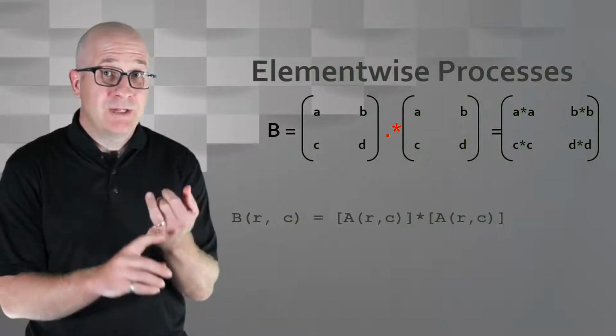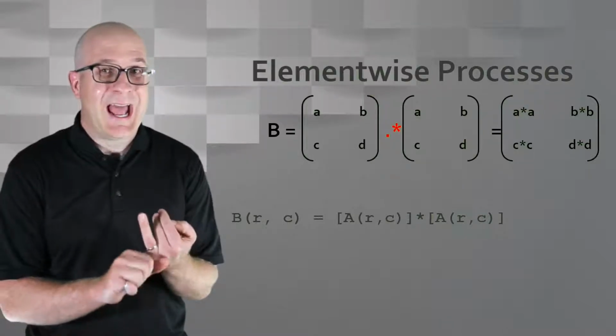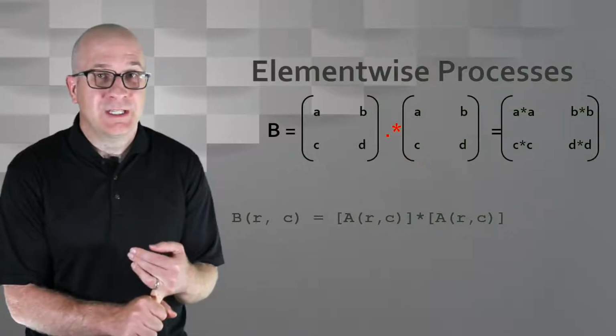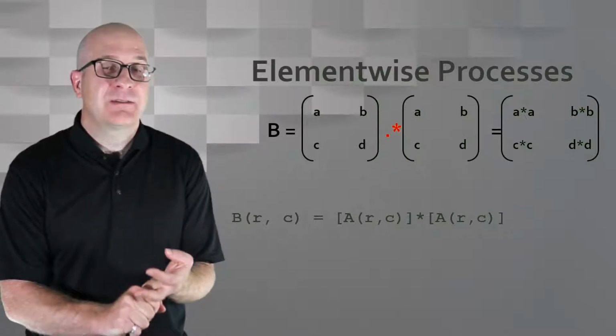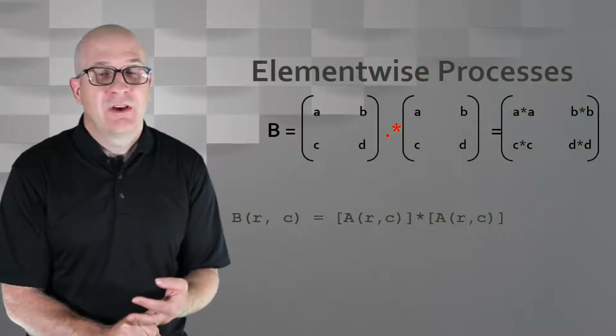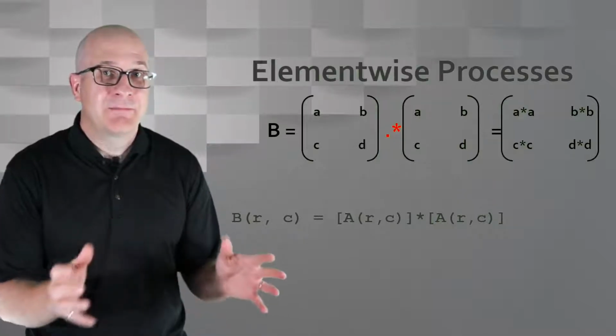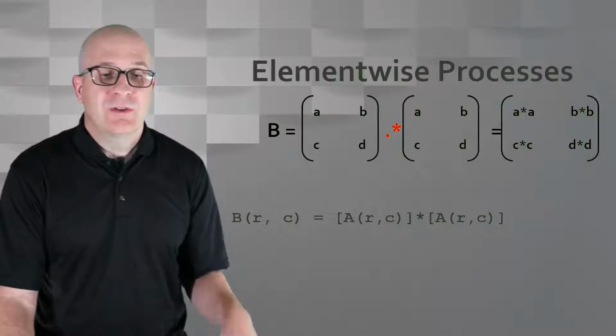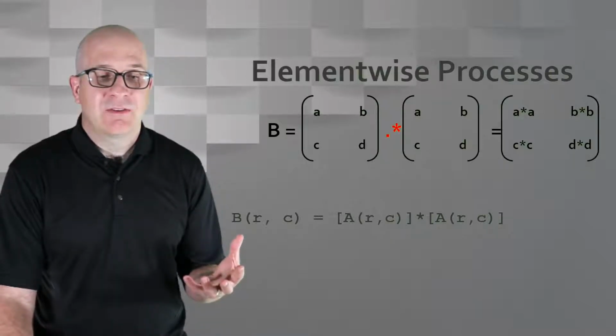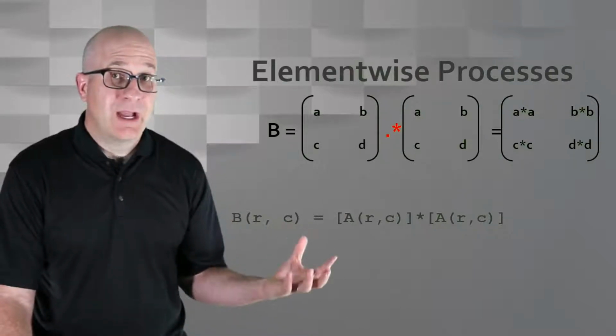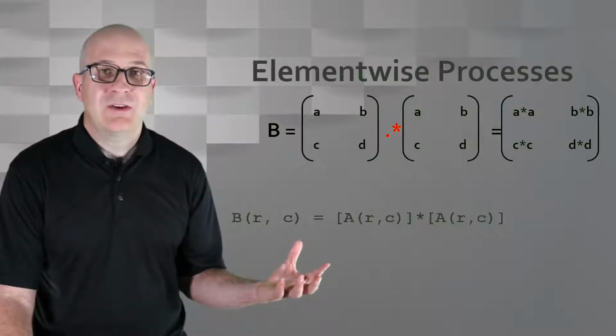We've got the matrix multiply, which is the algebra version of matrix multiplication. And we've got an element by element process, which is the dot star in MATLAB. So at this point, I think it makes sense to go in and try this out in MATLAB. So let's go give this a try.